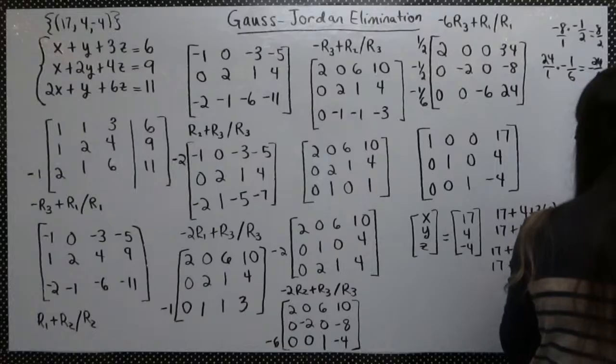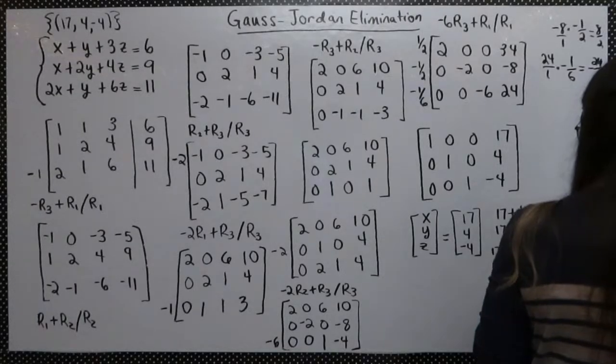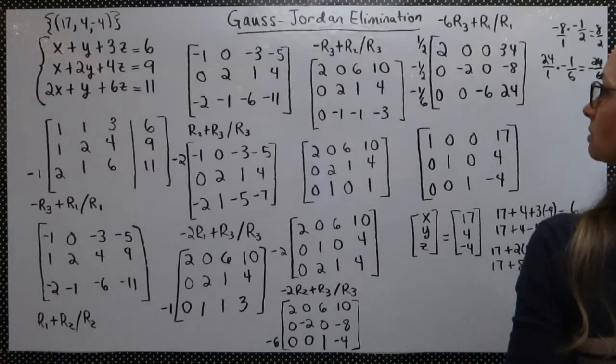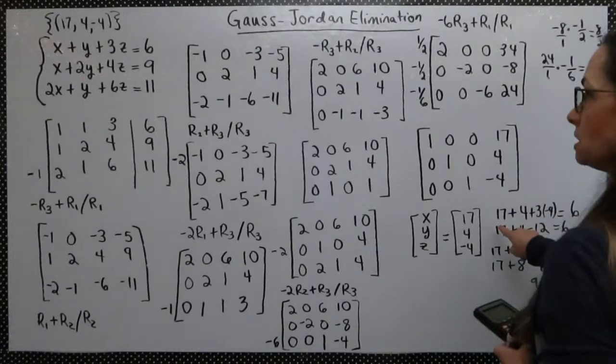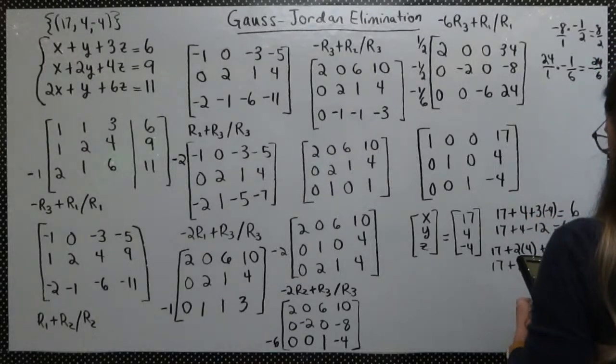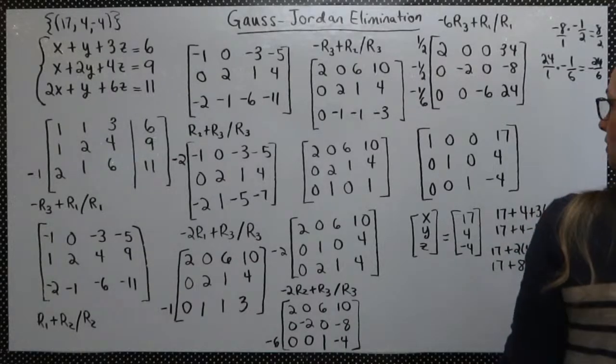This one checks out, 9 equals 9. Maybe I did some weird math. 17 plus 4 is 21. Yeah, I knew that was 9. Okay, so the second one works.